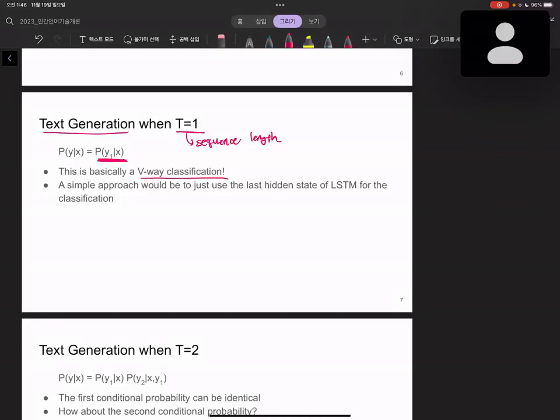A simple approach would be to just use the last hidden state of an LSTM for the classification. So when the sequence length is 1, this text generation problem can be reduced to a classification task, which can be solved by using the last hidden state of the LSTM and negative log likelihood with cross entropy.